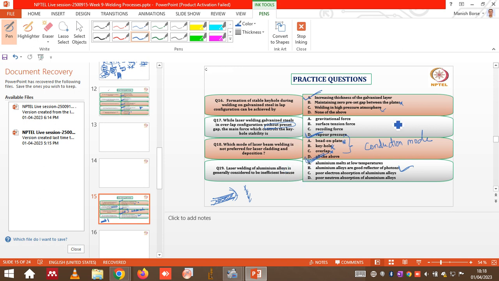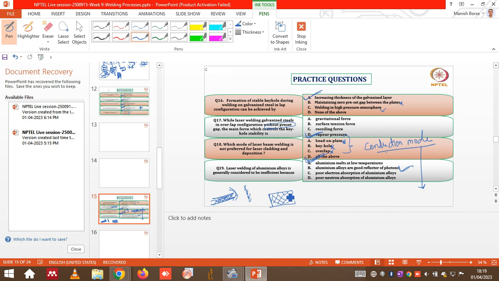As I said about the conduction mode, this conduction mode can also be used for certain heat treatment or flame hardening, we can say. So heat treatment or surface treatment of the material, or any cladding or deposition of certain material.